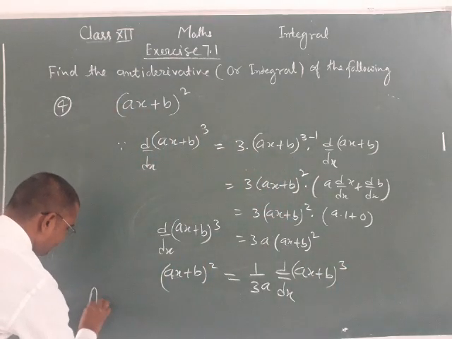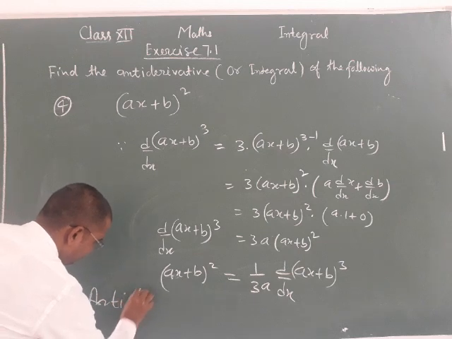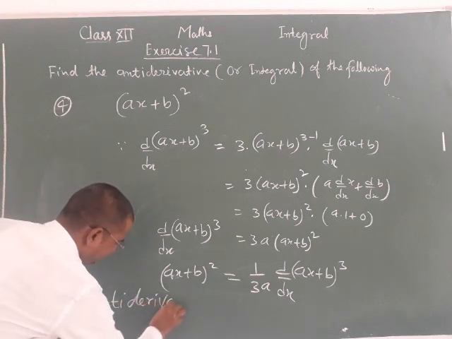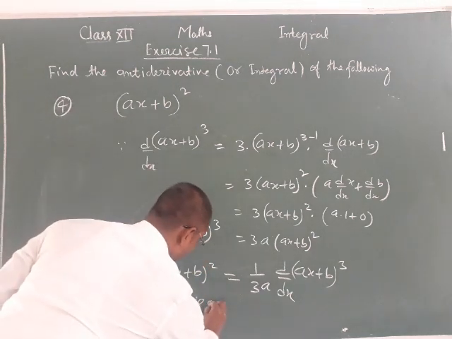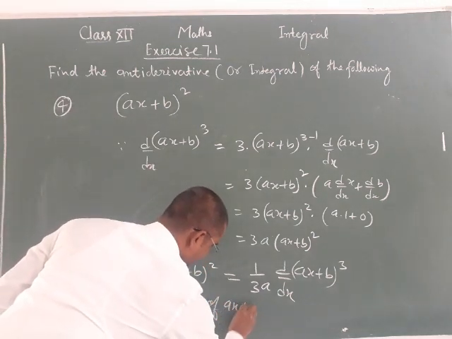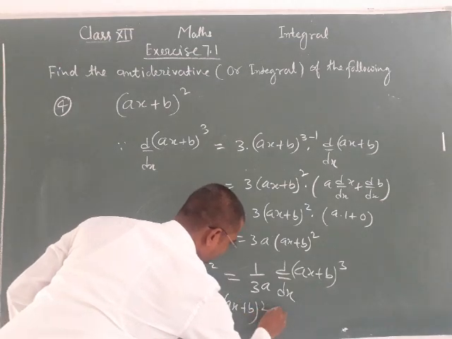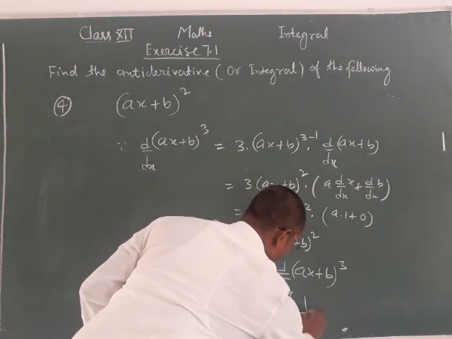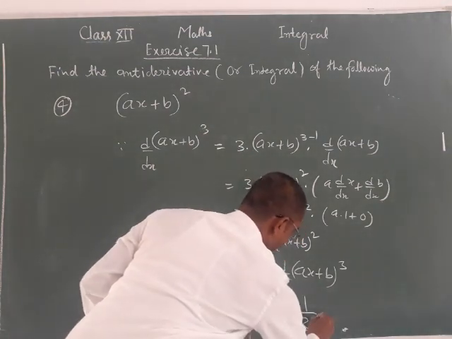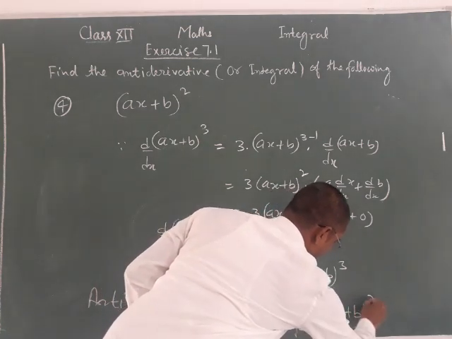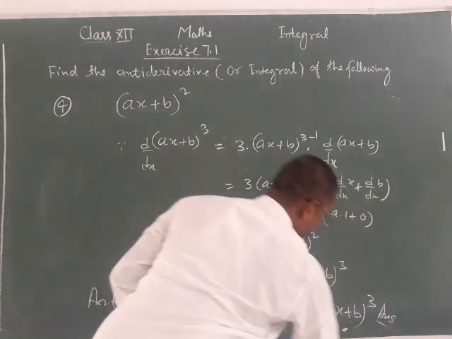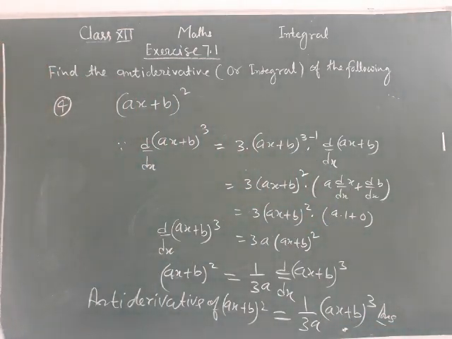So the antiderivative of (ax plus b) to the power 2 is equal to 1 upon 3a and (ax plus b) to the power 3. This is the answer of the given question number 4.